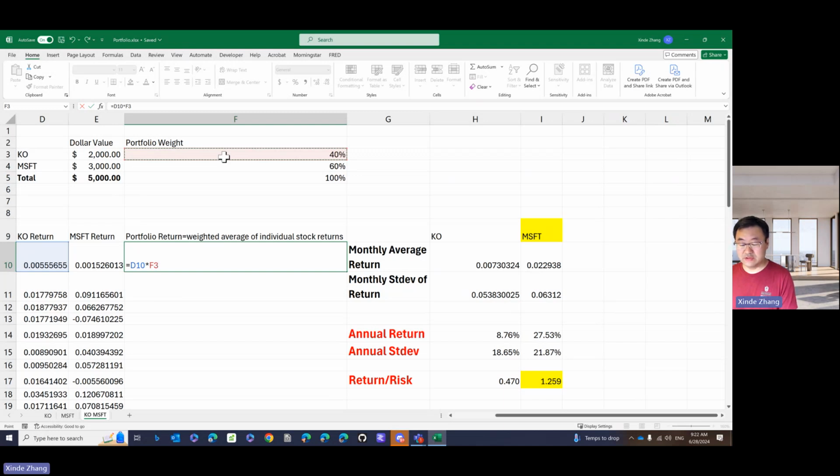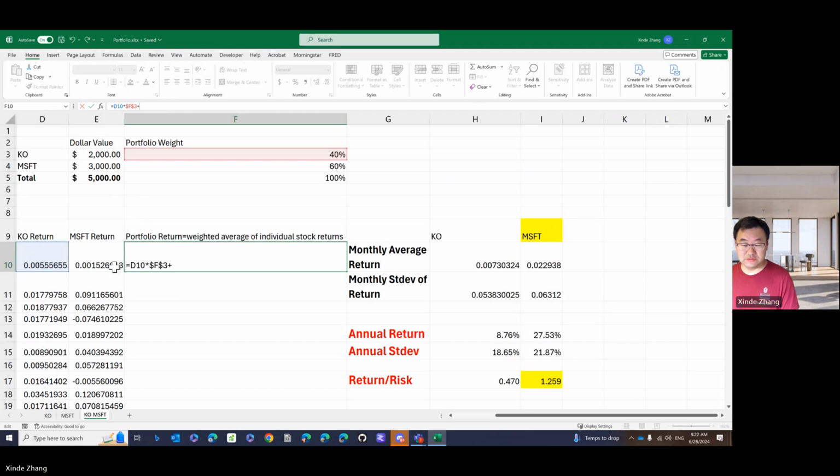Like I said, this 40% will never change, so I will make it an absolute reference. How do I do that? I hit F4. After I hit F4, I have a dollar sign in front of F and a dollar sign in front of 3. Those are the so-called absolute references. That takes care of Coca-Cola.